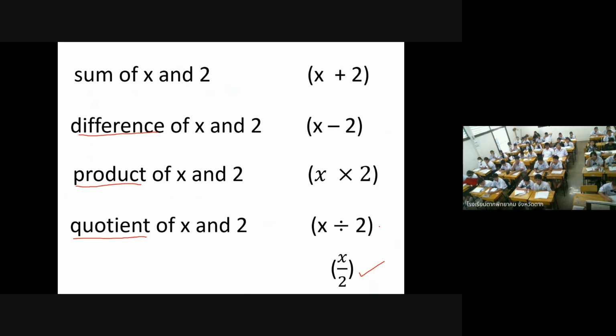Later you're going to mix everything, so make sure you know it.